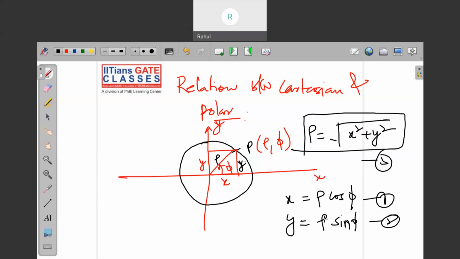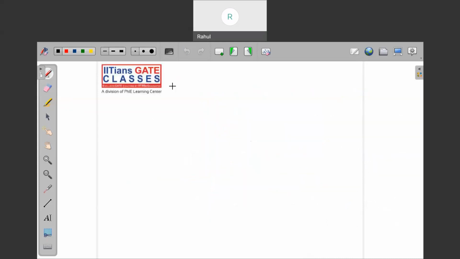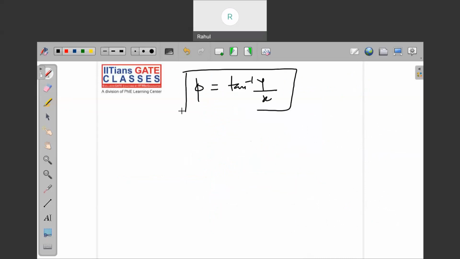And now how can you find phi? Just take the ratio of equation 1 and equation 2, and you will get that phi will be equal to tan inverse of y by x. So these are the relations you have to keep in mind. The first is x equal to rho cos phi. The second is y equal to rho sin phi.